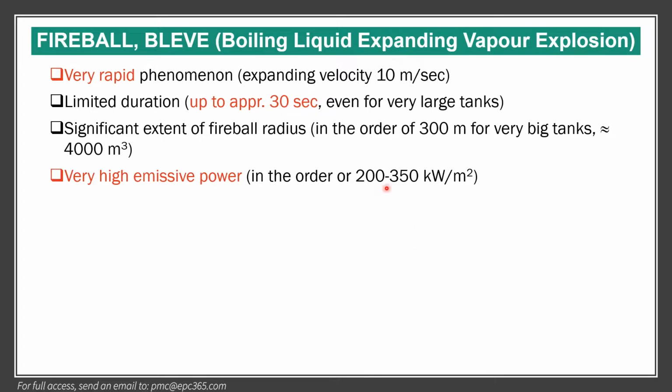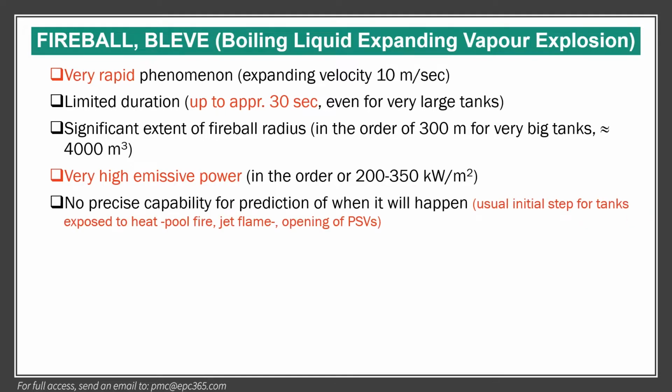Is about 200, 350 kilowatt per square meter, and no precise capability for prediction of when it will happen. Usually initial step for tanks exposed to heat, pool fire, jet fire, or opening of the PSVs.